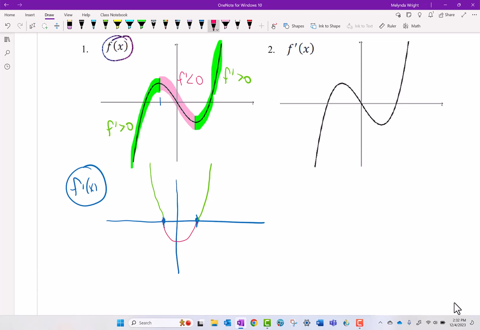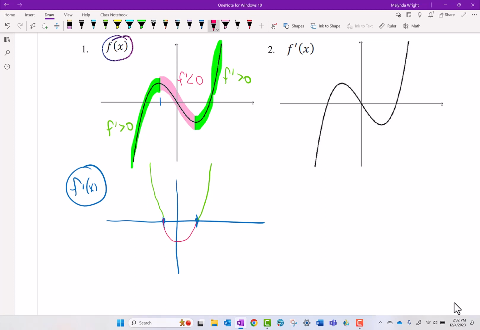And so this would be a representation of what its first derivative might look like. Certainly, it could have different lengths, or it could be more shallow or more steep, but the idea is there: our first derivative is positive above the x-axis and negative below the x-axis. All right, so that's going from position to first derivative.